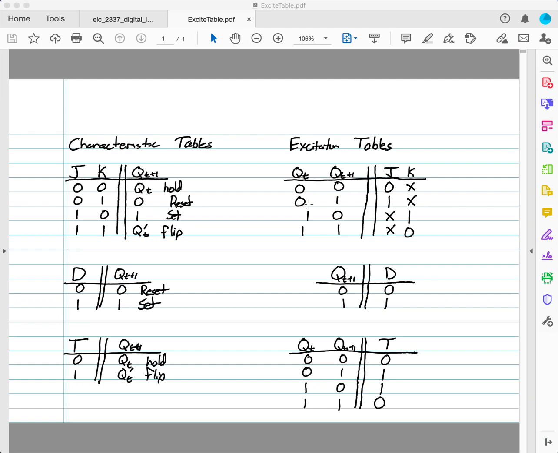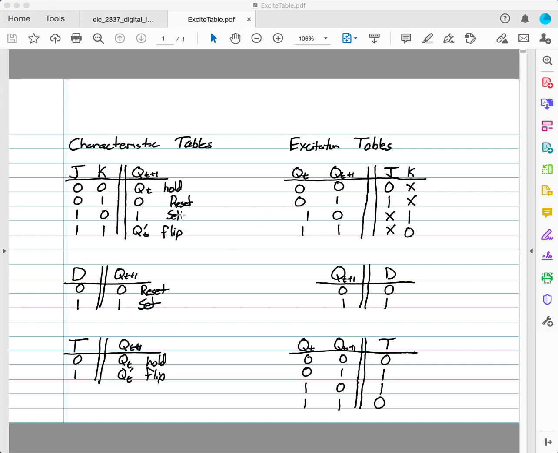Take a look at the next line. We've got QT equal to 0, and QT plus 1 is 1. That means I could either flip the current QT to get QT equals 1, or I could set it to be a 1, in which case it wouldn't matter what the current thing is. I'm just saying, set it, make it 1. But the previous state doesn't matter.